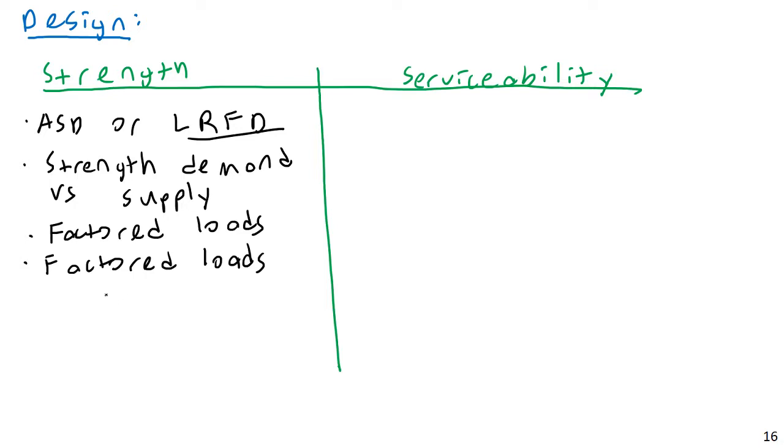For example, P ultimate is less than or equal to phi times P nominal, if you're dealing with something like a tension member. Or you might have M ultimate is less than or equal to phi M nominal, as we looked at previously.